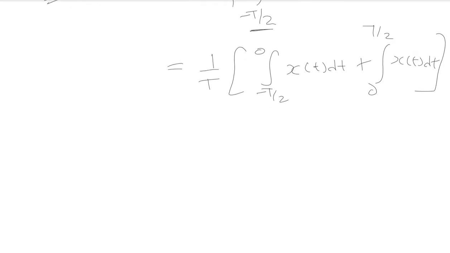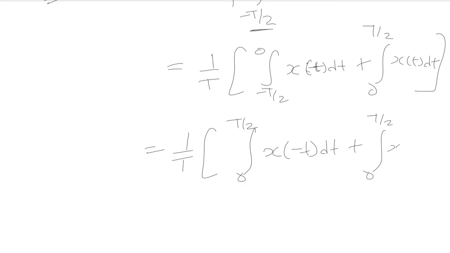Now let us do some change of limits: 0 to T by 2 x of minus t dt plus 0 to T by 2 xt dt.